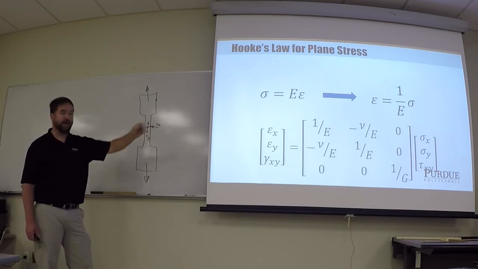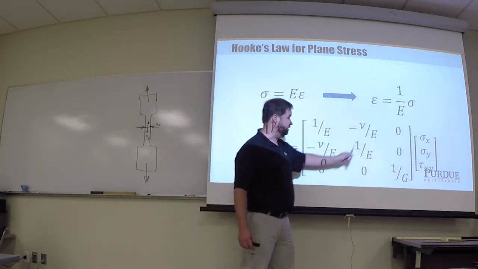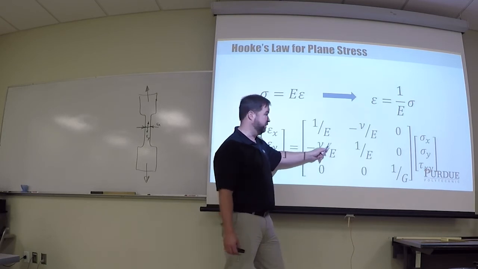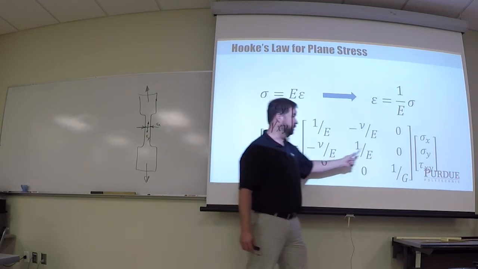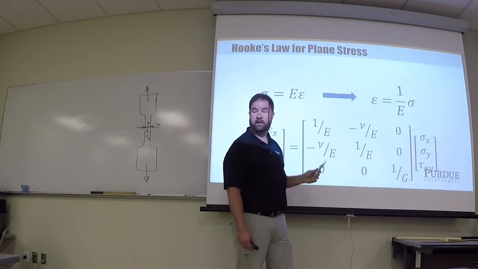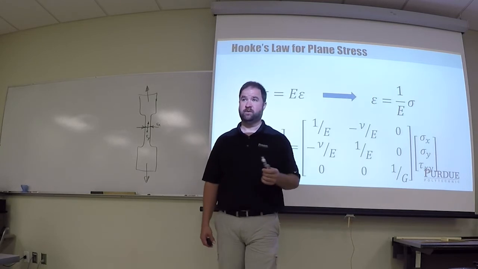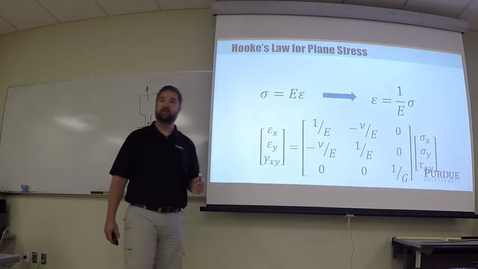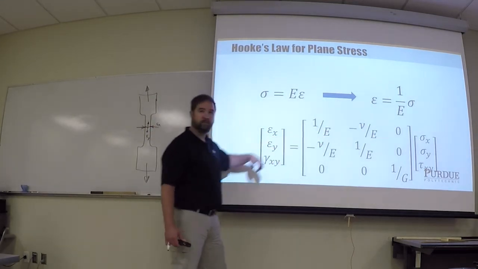So when I start talking about a biaxial state of stress, these Poisson's ratio divided by modulus of elasticity terms are in here because the forces in the x direction are causing strains in the y direction, and forces in the y direction are causing strains in the x direction. Okay? So this becomes a matrix instead of just a simple algebraic equation. I'm just trying to show you a little bit about it so that if you see this somewhere, you have a better appreciation of why I have Poisson's ratio in this equation, and so forth.